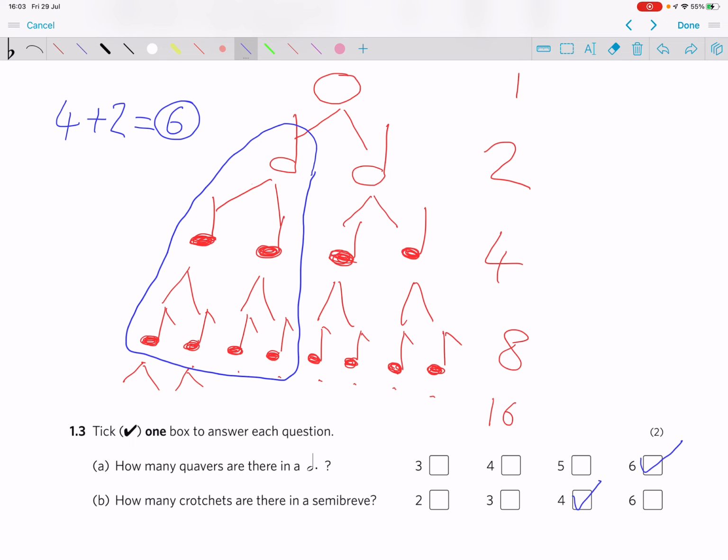Easy peasy. Don't forget, write out your tree and make sure that you use your pencil to cover exactly how many quavers and semiquavers there are, and if it's a dotted note, you just do it with the note without the dot, then you add on 50% again. Easy peasy.